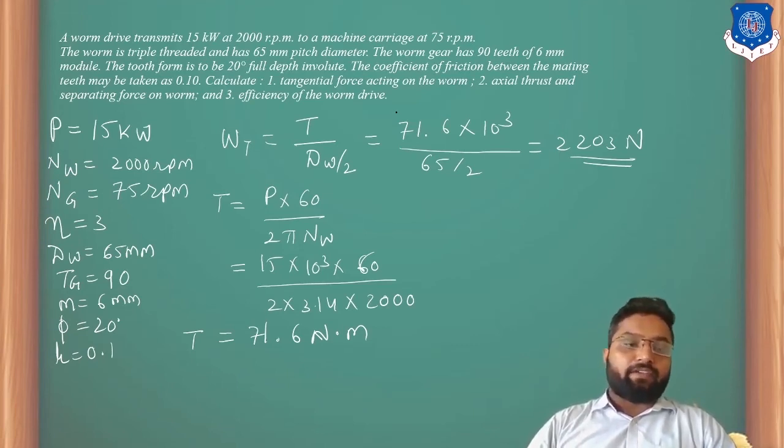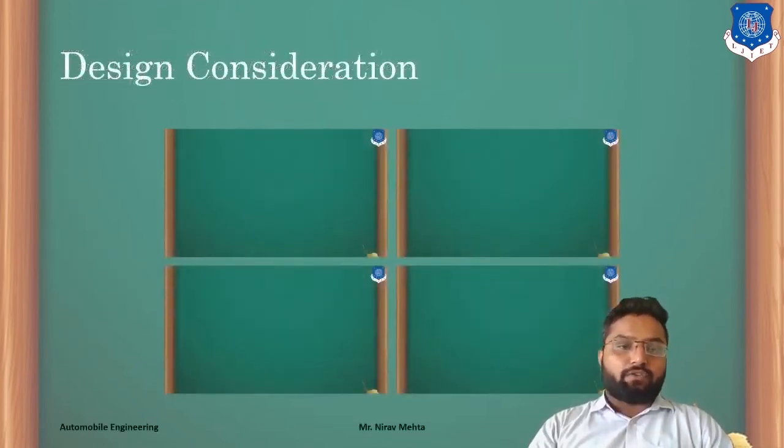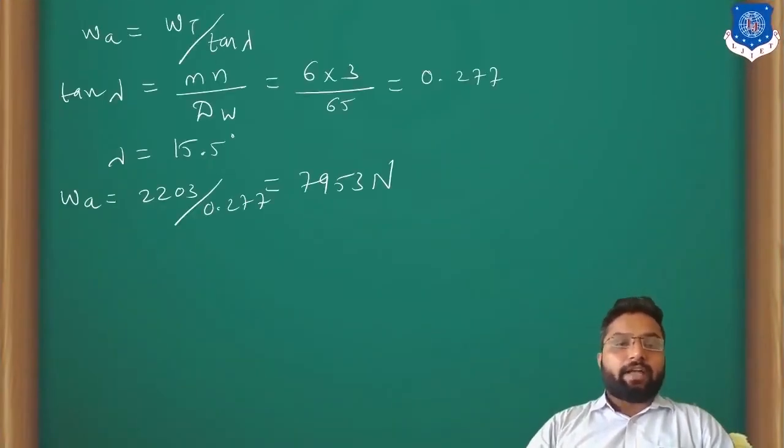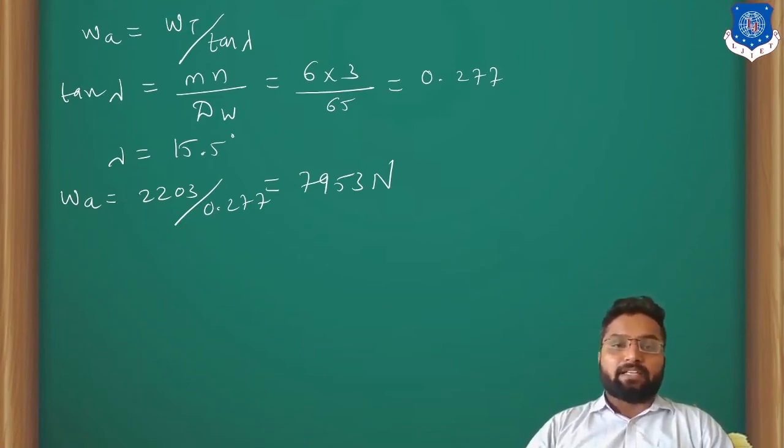We aren't provided with the strength or material of our worm, so we found it depending on its capacity to transfer power, and ultimately depending on torque and diameter of worm, we found 2203 newtons. After that we are asked to find the axial load, and the equation for that is WT divided by tan lambda, where we have found WT, but tan lambda isn't provided.